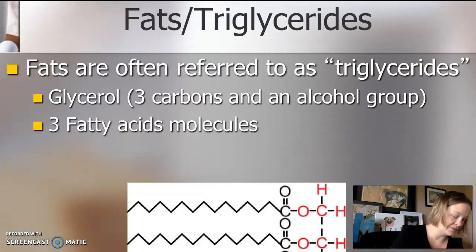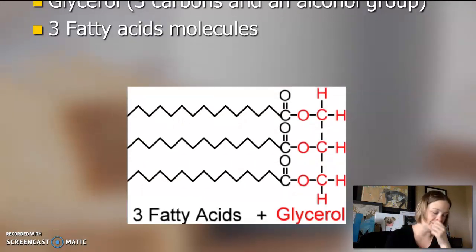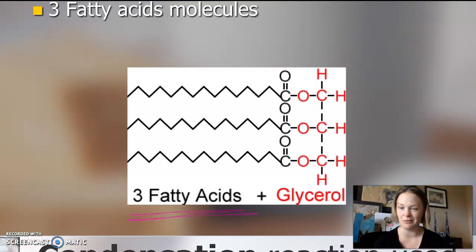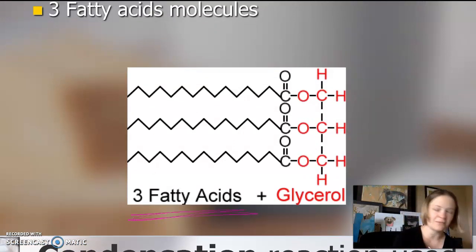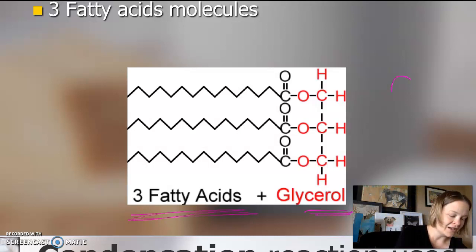I will tell you again, in order to make a triglyceride molecule, a fat molecule, your body takes what are called fatty acids, and we'll talk a little bit more about those, and it reacts them with a molecule that's called glycerol. Do you see how that ends in ol? Glycerol, if I draw it, I'm going to switch colors.